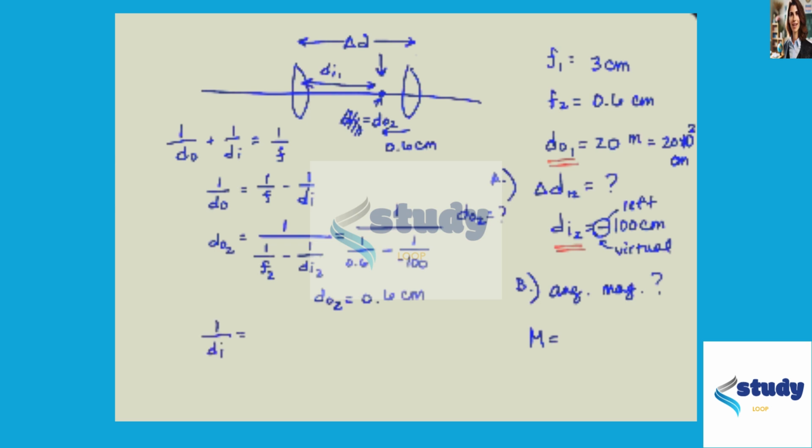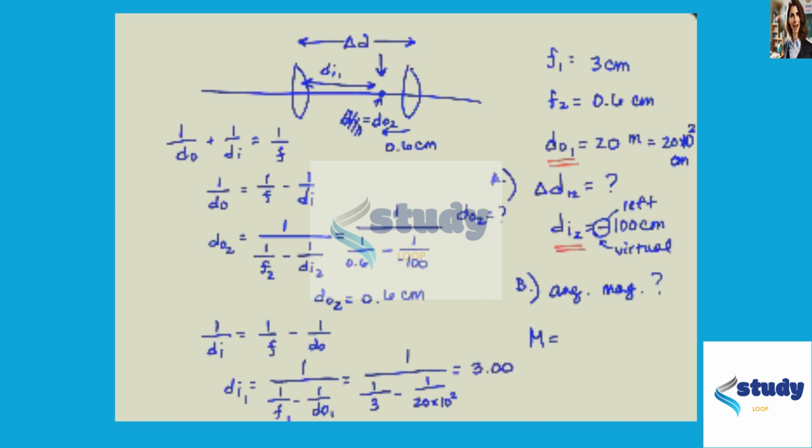So 1 over DI equals 1 over F minus 1 over DO. And then I get a distance of 3 centimeters here.